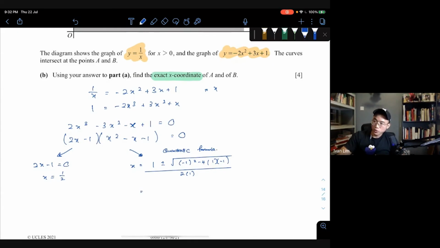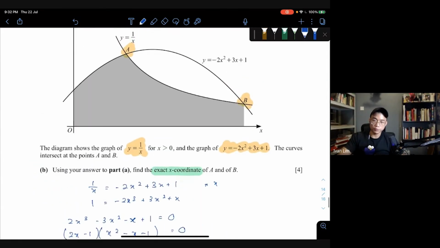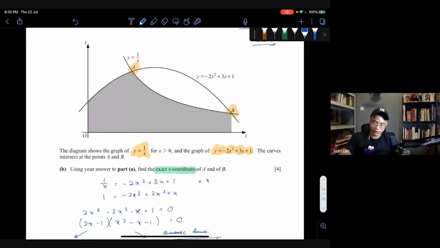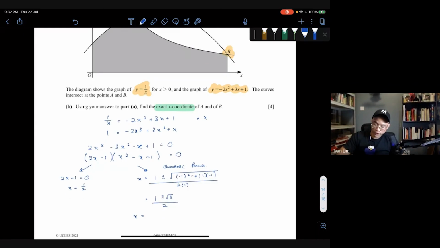Okay, which is 1 plus minus root 5 over 2. But 1 minus root 5 divided by 2 will be negative 0.618. We don't want a negative value because you see both my x values are positive, right, at a and b. So my value for this one will be x equals to 1 plus root 5 over 2.